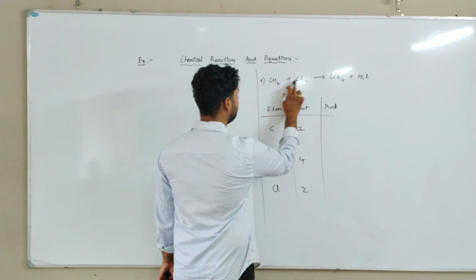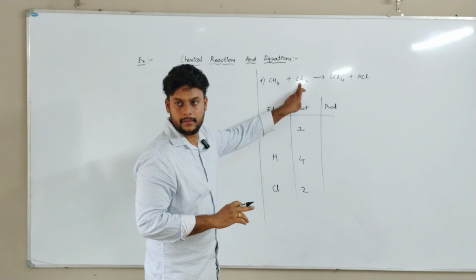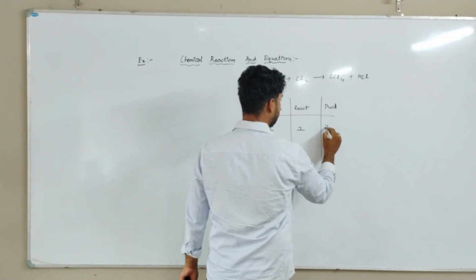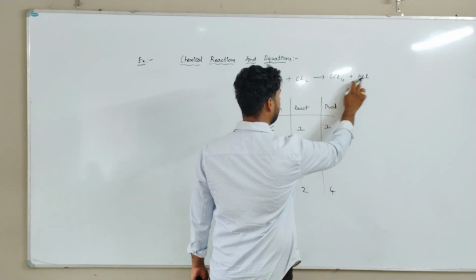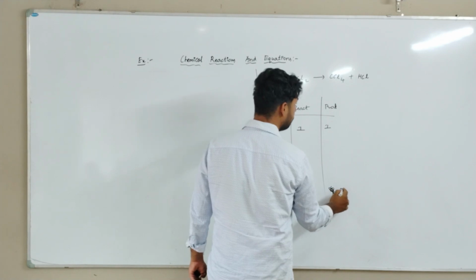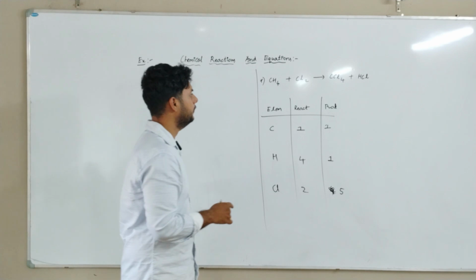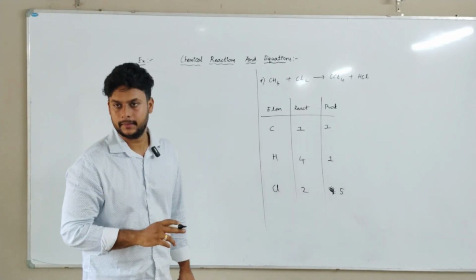Don't consider this C2. Getting on? No, this is C carbon, this is chlorine. Okay, next C1, Cl4, Cl5, H1. C1, Cl4, Cl5, H1. Correct?